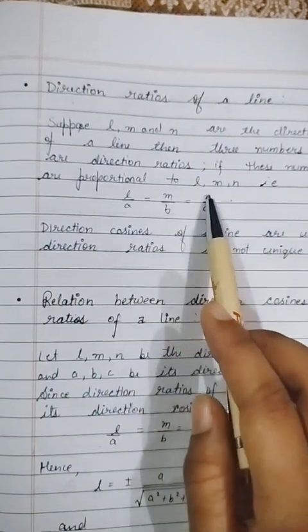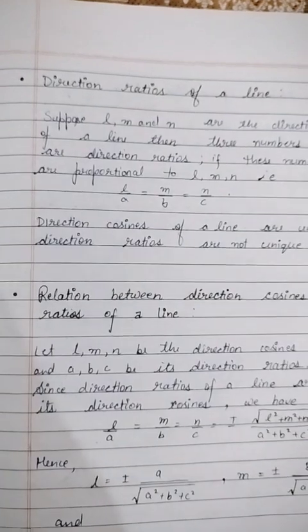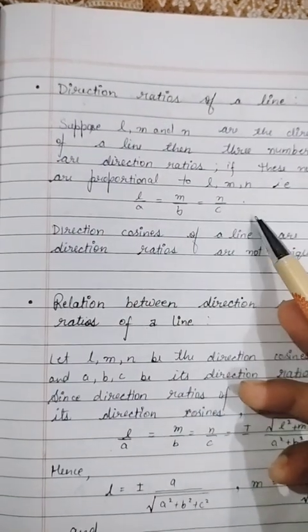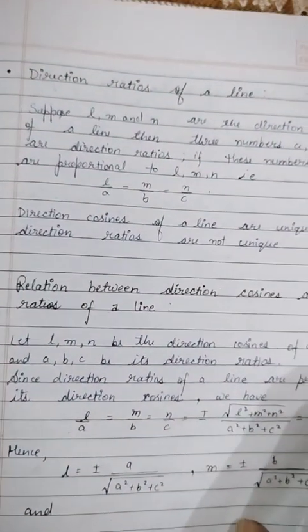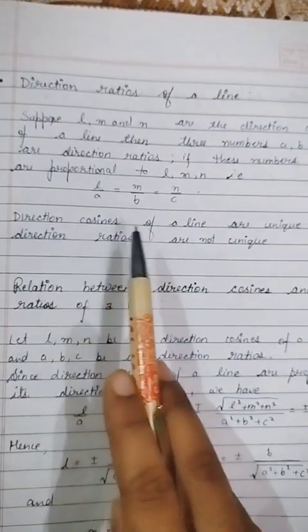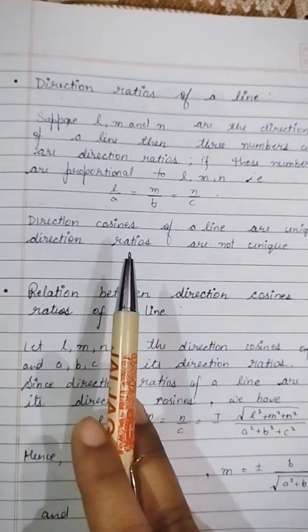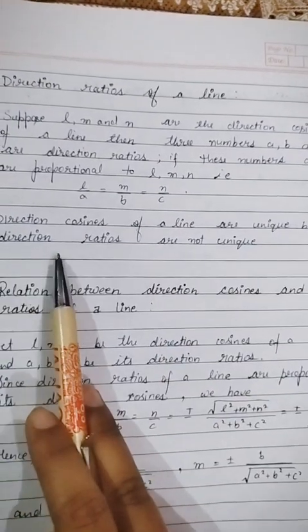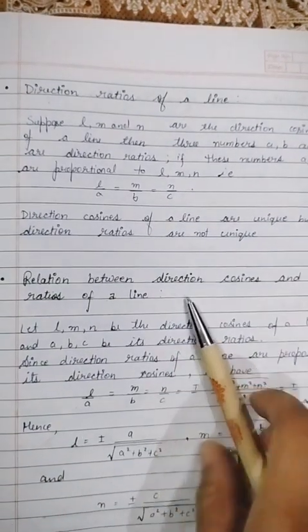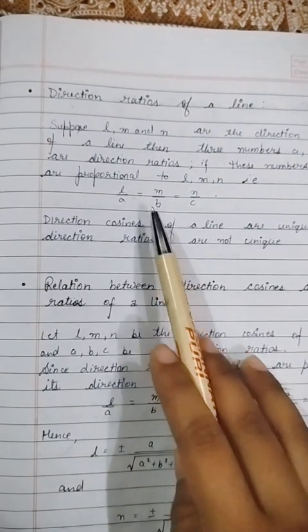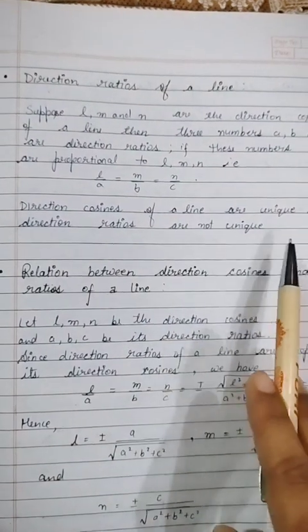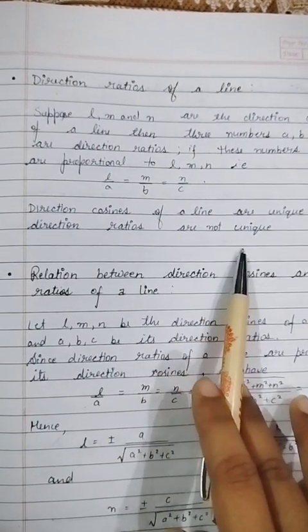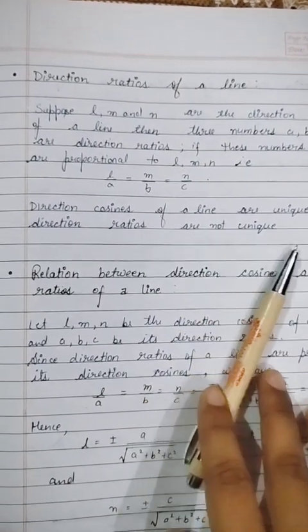Here l, m, n are direction cosines while a, b, c are direction ratios. One point to remember is that direction cosines of a line are unique, but direction ratios are not unique.